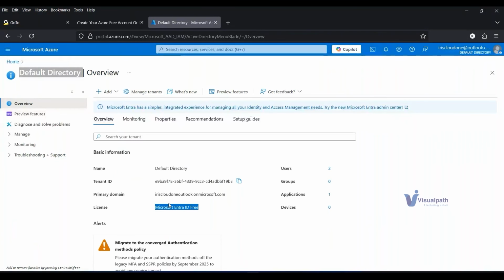For example, if you have a company, you will have the name of your company followed by the website, the domain of that company, and in that you will have users, employees.